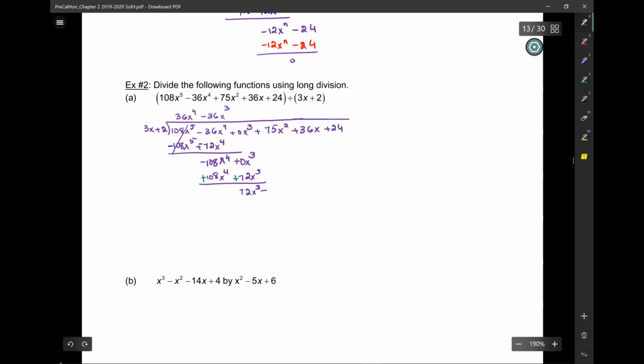So quickly we bring down the 75x squared. When I divide, I get 24x squared. So I get 72x cubed plus 48x squared. Change the signs.